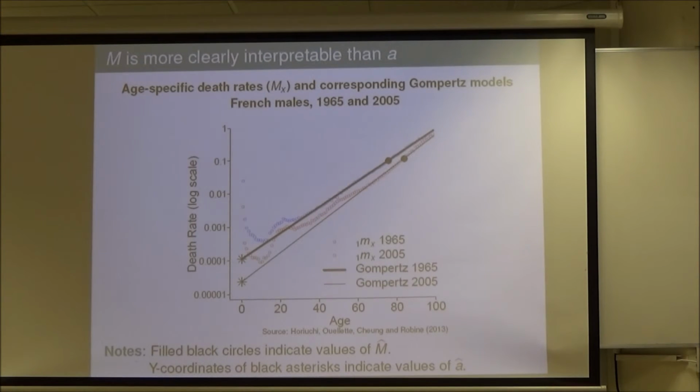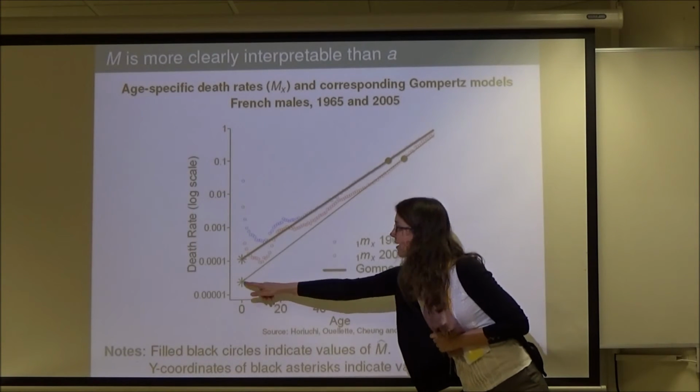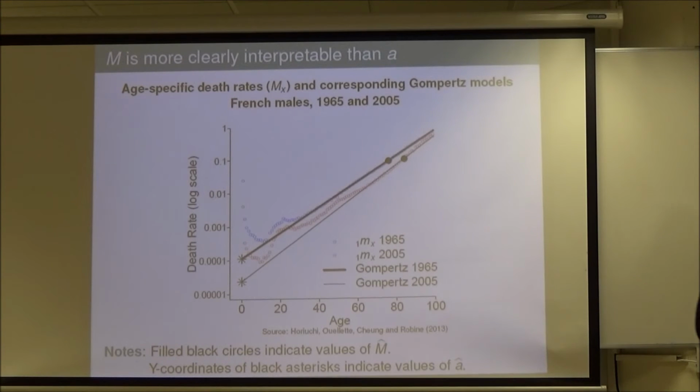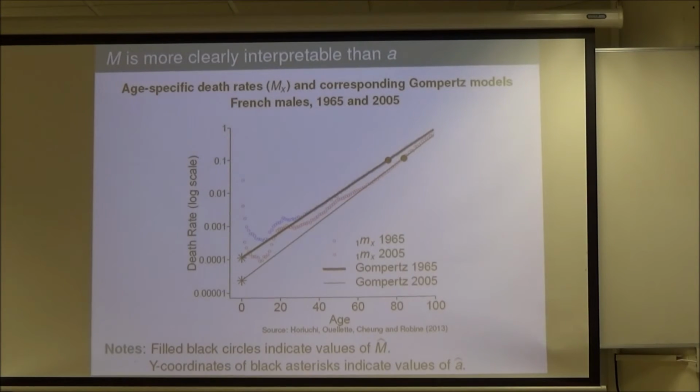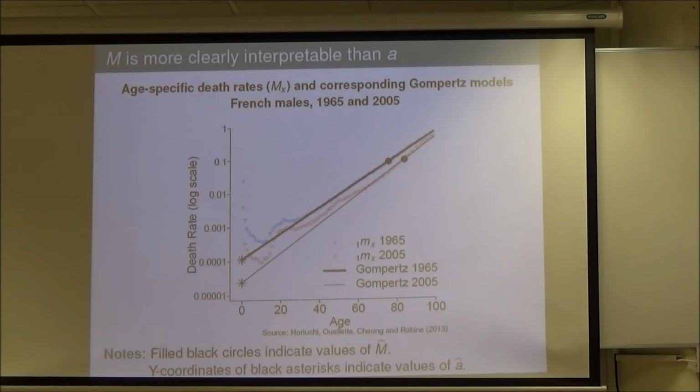We estimated the parameter A, and the estimated value is shown by an asterisk here. The estimated value of the modal age at death is shown by a dark filled circle. In the Gompertz model, A is the force of mortality at age 0, and therefore it is extrapolated from adult ages. This is the extrapolation that is shown here on this figure.